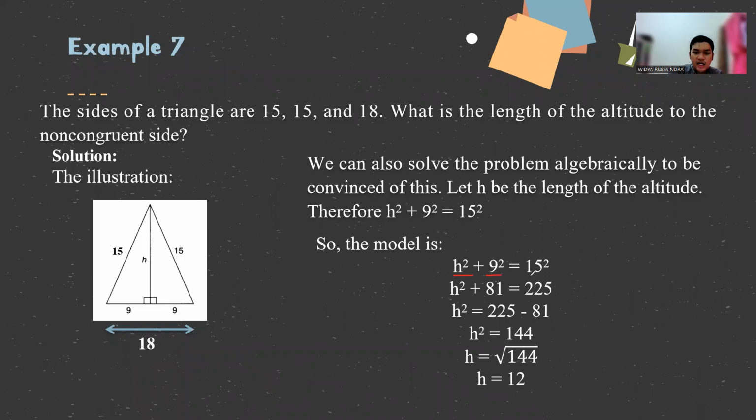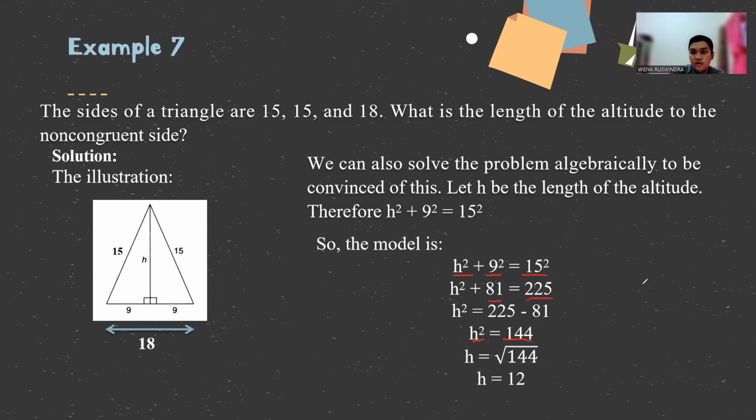This is equal to 15 squared. The 9 squared is 81, and the 15 squared is 225, and we subtract 81 from both sides, and we get h squared equals 144.